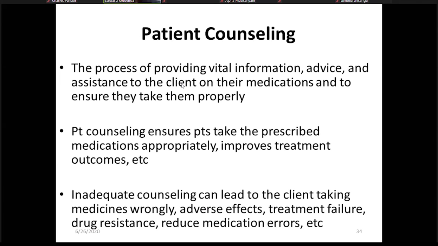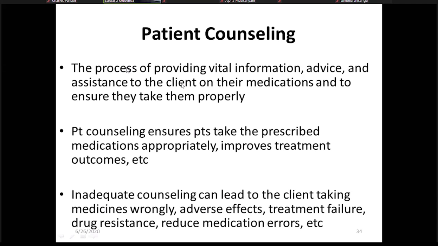In terms of patient counseling, it's a point where you offer advice to a patient on their medication and on their condition. We offer counseling to make sure that the drug is properly taken by the patient.